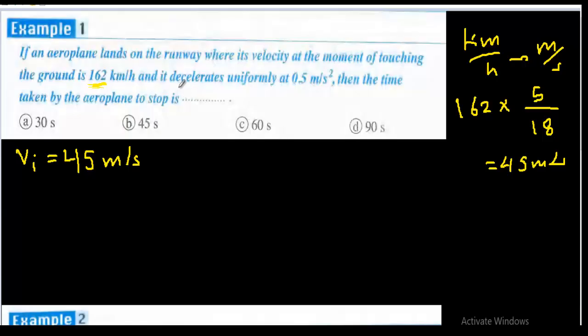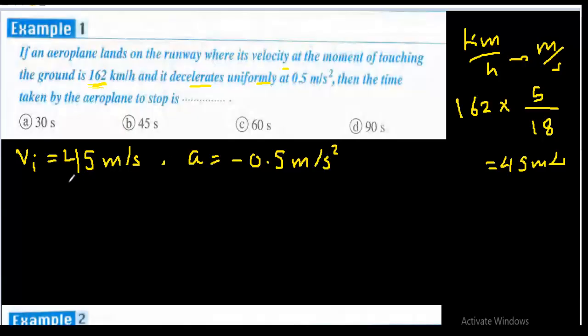Then it decelerates uniformly. Decelerates means you will write the acceleration with a negative sign. When the body accelerates, the acceleration will be positive, and when the body decelerates, the acceleration will be negative, so it will be negative 0.5 meter per second squared.